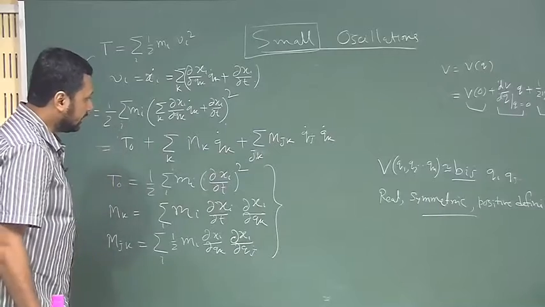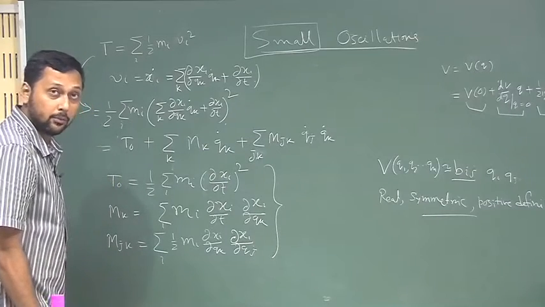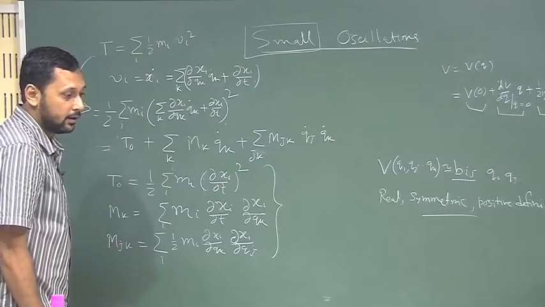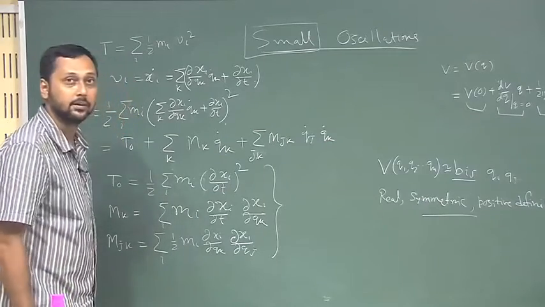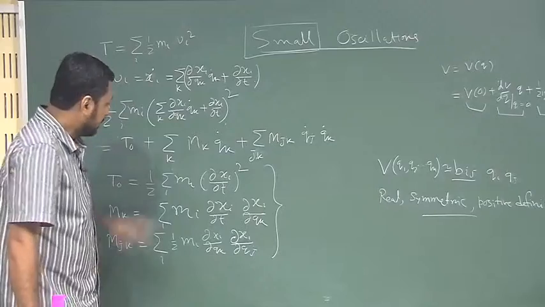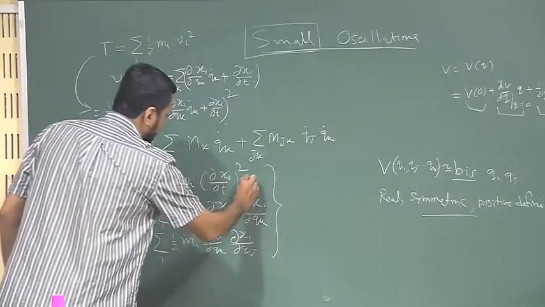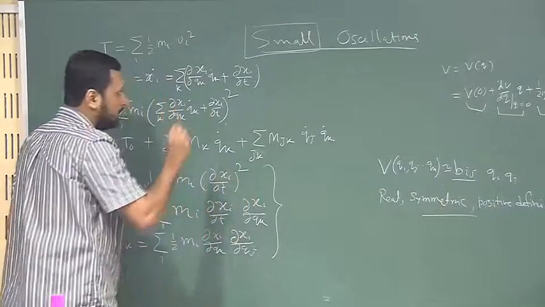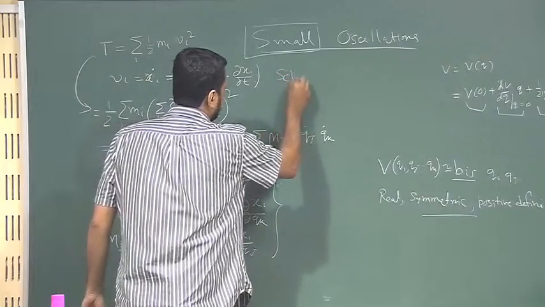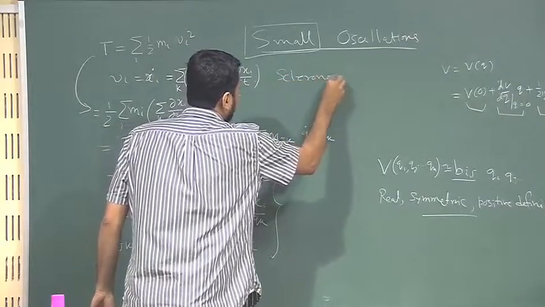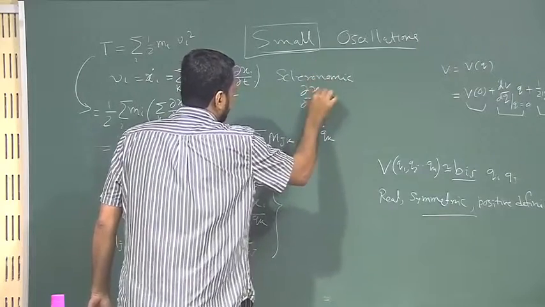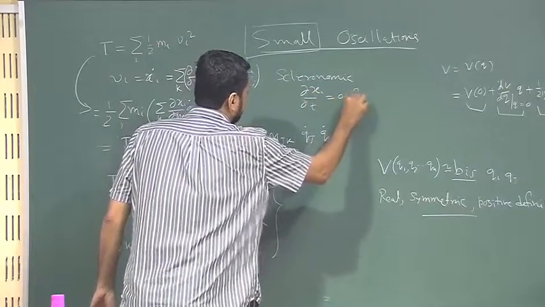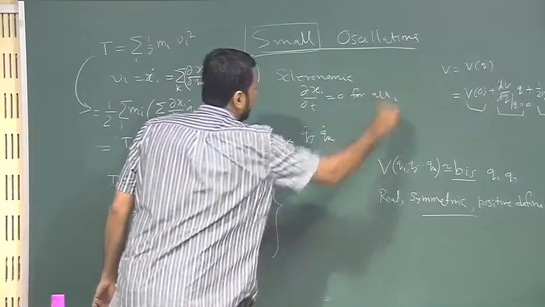Now, out of this, if we are talking about scleronomic systems where the constraint condition is not changing as a function of time, both these terms will vanish. So if we are dealing with a scleronomic system, then del x i del t is equal to 0 for all i.